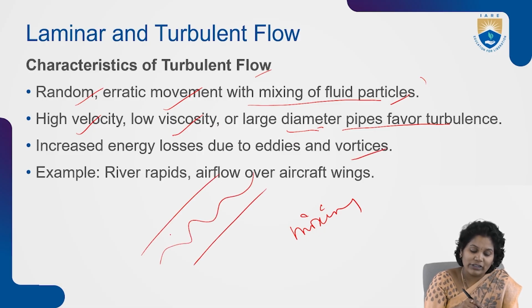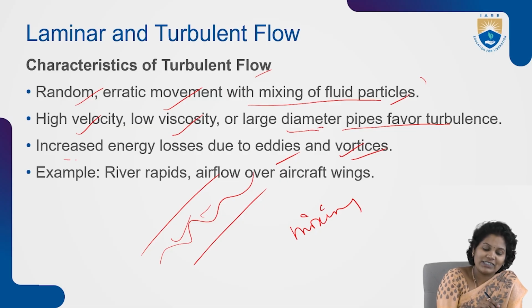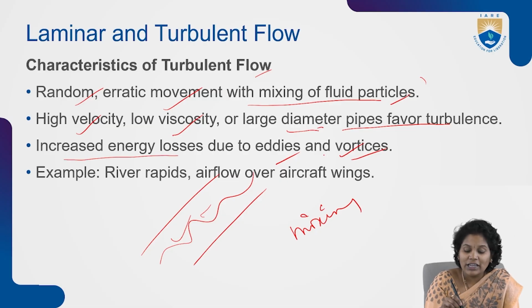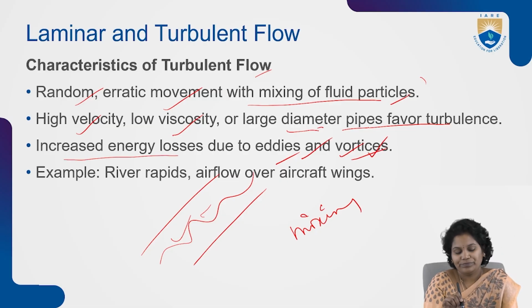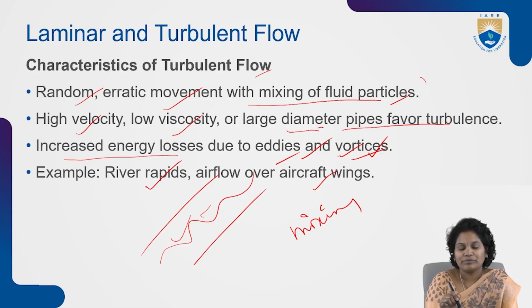So there is a development of eddies in the flow, and these eddies or vortices create high energy loss. Examples of turbulent flows are river rapids and airflow over aircraft wings.